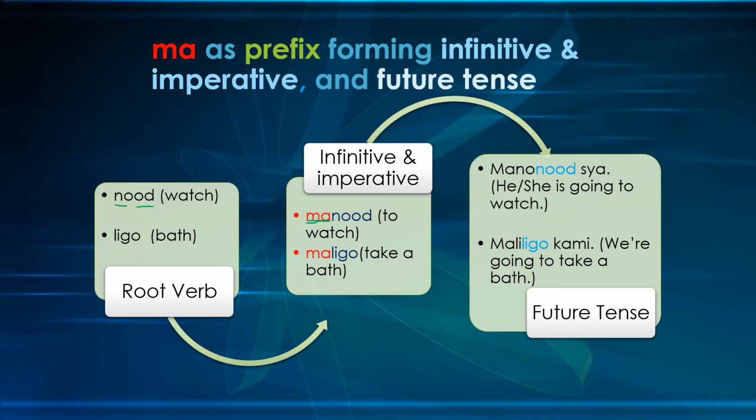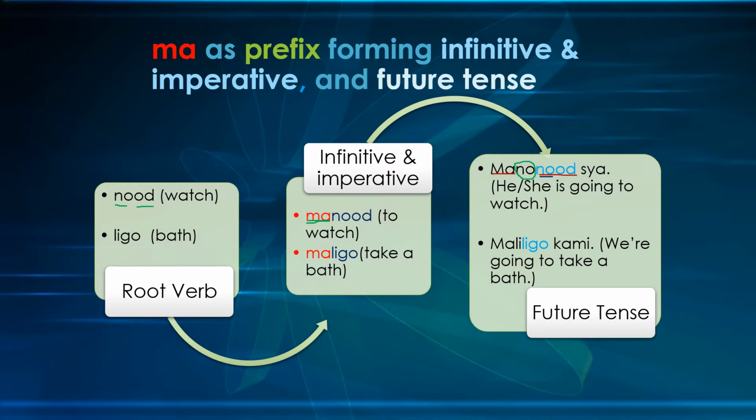If we are going to apply it in the future tense, we have the same thing, ma plus the root verb, but there's an additional kind of affix here. If you observe, the first syllable no is just being copied.